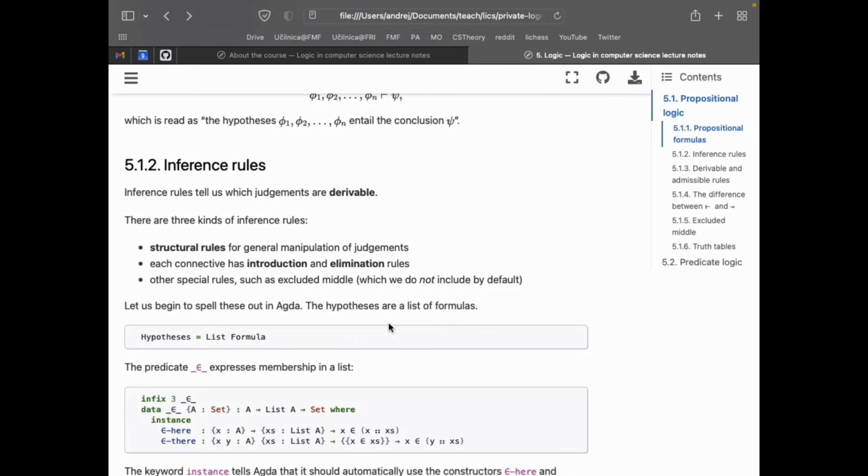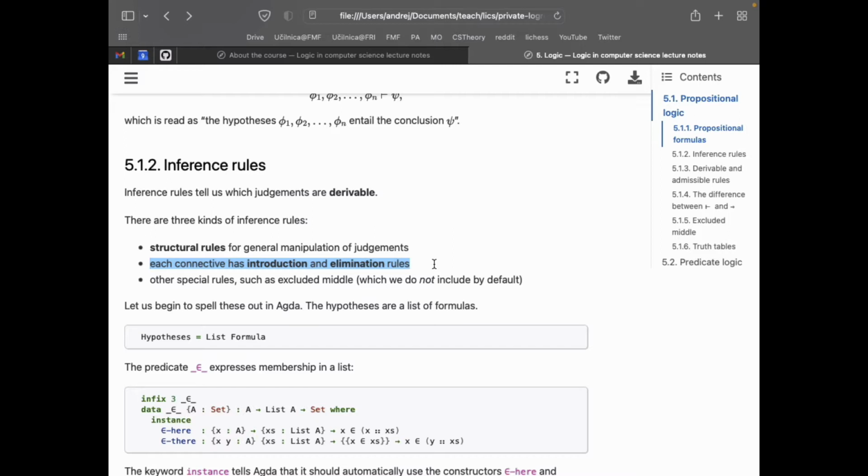And in general, when you have a logic, at least in natural deduction style, you always follow a certain pattern. There are structural rules. Structural rules typically apply in many situations, they're not about one particular connective. They're about general stuff. Then the connectives, at least in natural deduction, typically come with two kinds of rules.